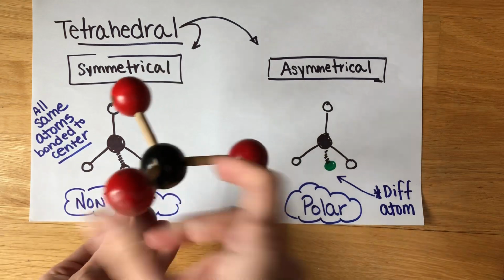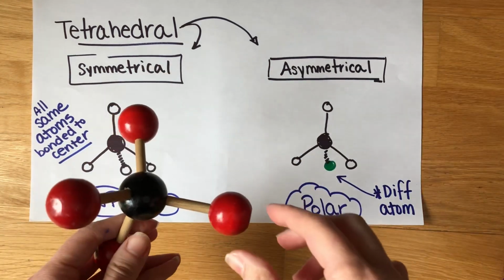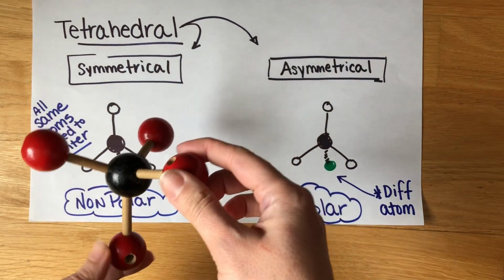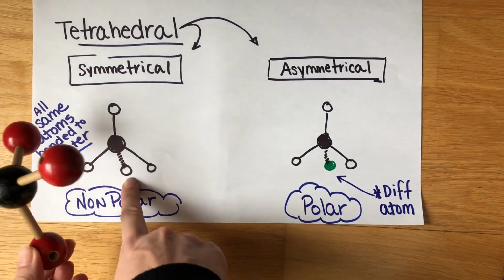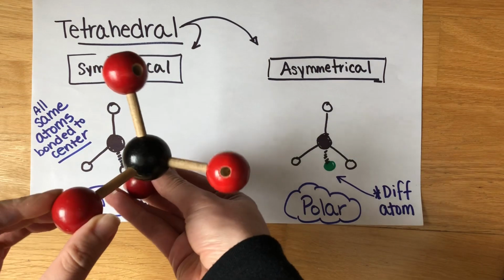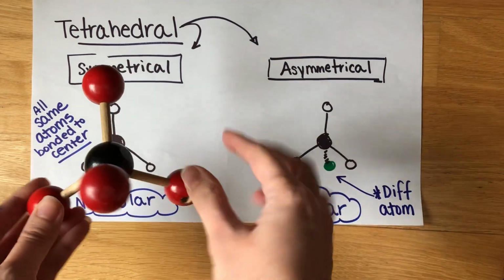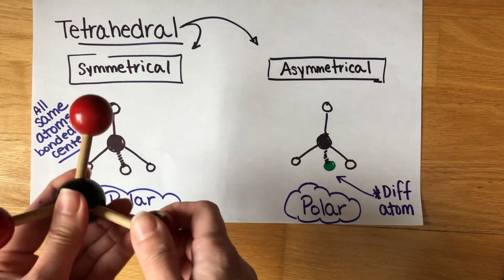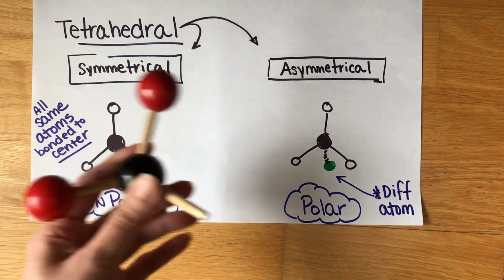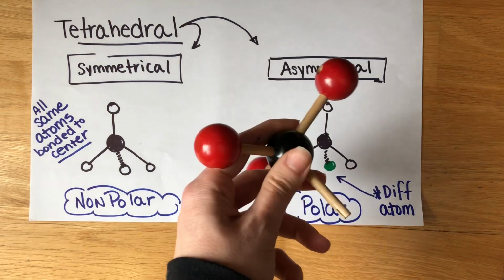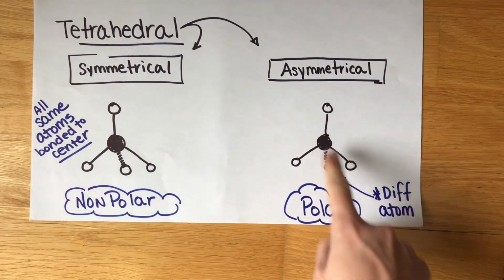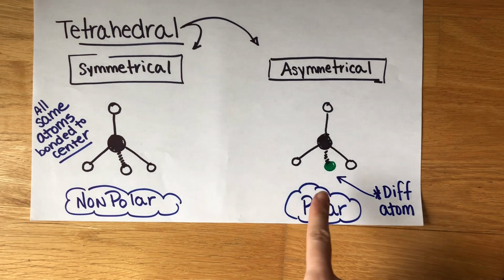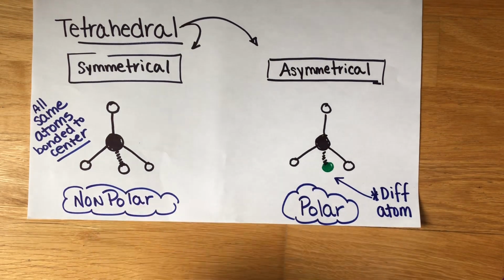It's the same, it's the same, it's the same, no matter how many times I try to spin it. A little hard to see on my paper here, but in 3D, it's much easier to say that this is definitely symmetrical no matter how I spin it. Well, if I change out this atom for a different color, then it's no longer symmetrical. So asymmetrical when I have a different atom. Remember, the minute you become asymmetrical, you're polar versus non-polar.